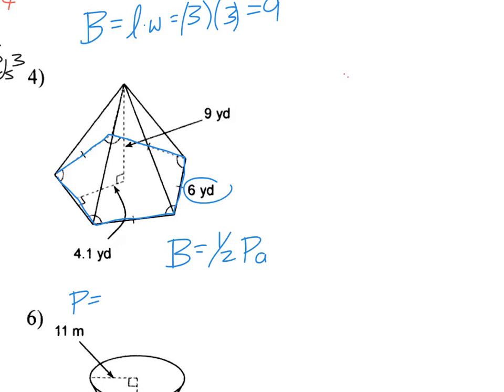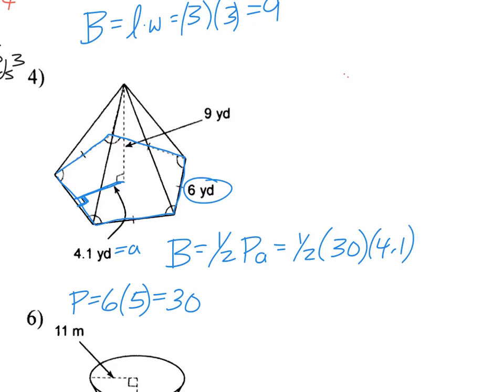Well, one side here is 6, and it's a pentagon, so it's got 5 sides, so the perimeter is 30. This right here is the apothem. Remember, the apothem went from the center of the base figure perpendicular to the side, so that's my apothem. So big B here is 1/2 times 30 times 4.1. Going to need a calculator here for that. Since it's got a decimal number, that's 61.5.